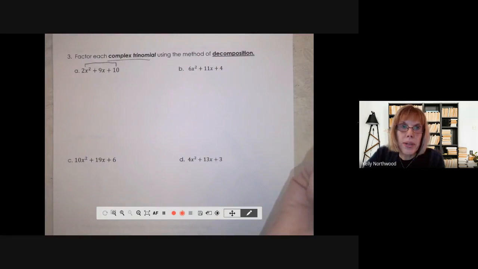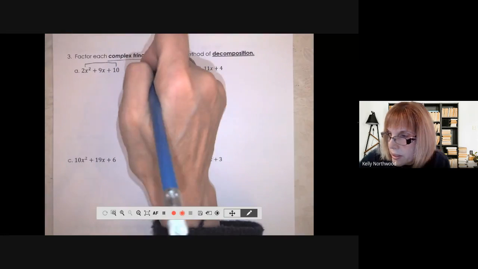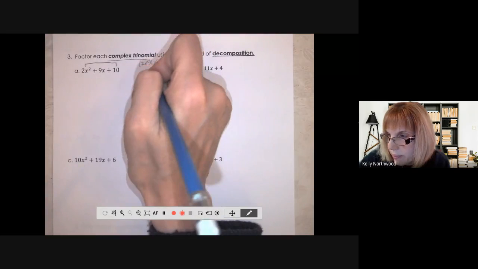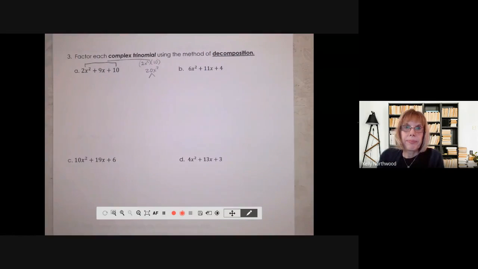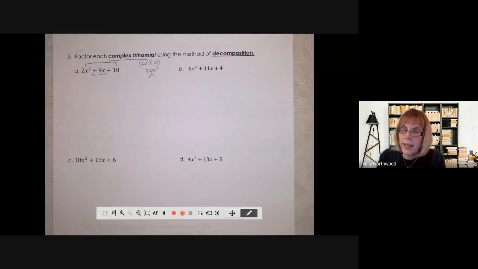So then your first step is to multiply the first term by the last term. 2x squared times 10 is 20x squared. And I want to add to positive 9x. So both of my terms will have to be positive.